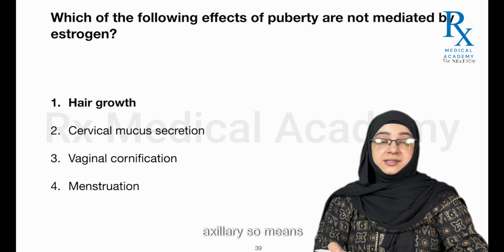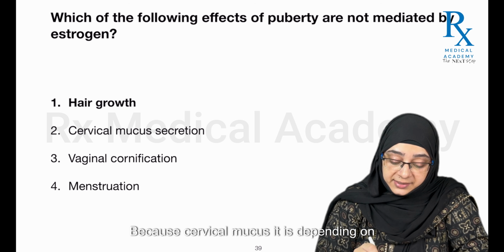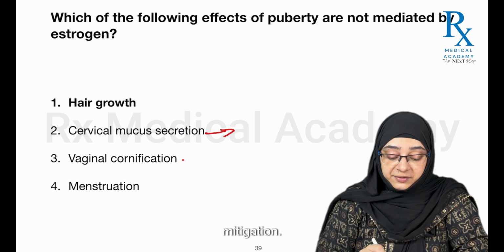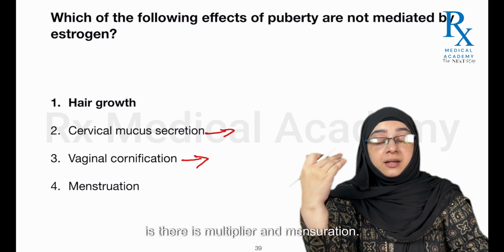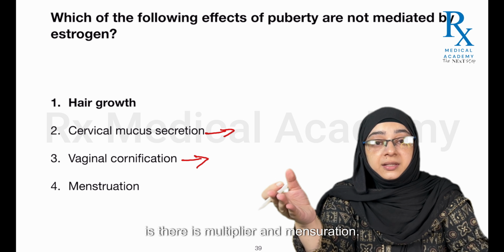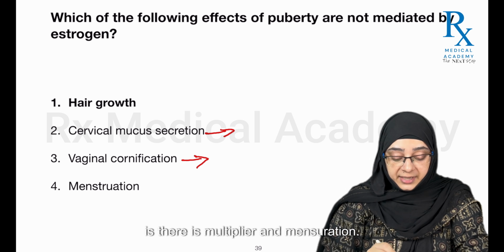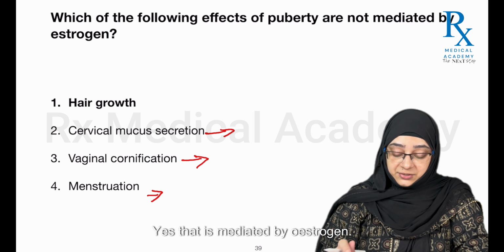So the answer remains hair growth. Because cervical mucus, yes, it is dependent upon estrogen. Vaginal cornification, we already saw that when estrogen appears, the superficial cells of the vagina multiply, they become cornified, Doderlein's bacilli appear, and menstruation, yes, that is mediated by estrogen.